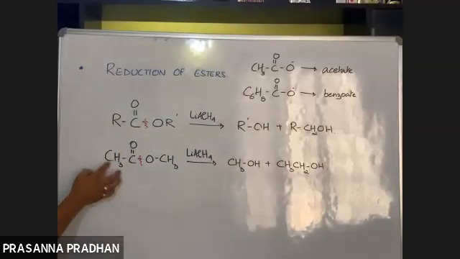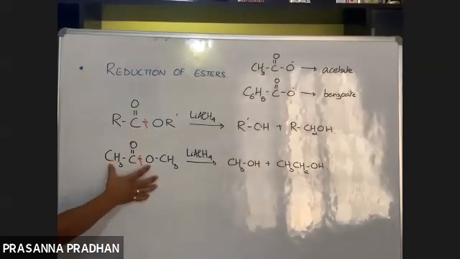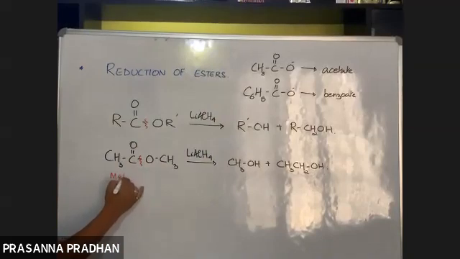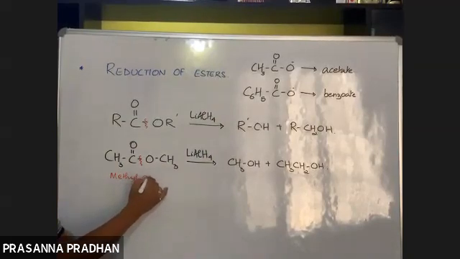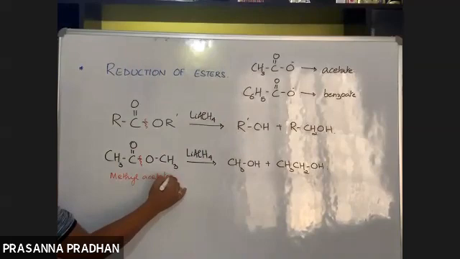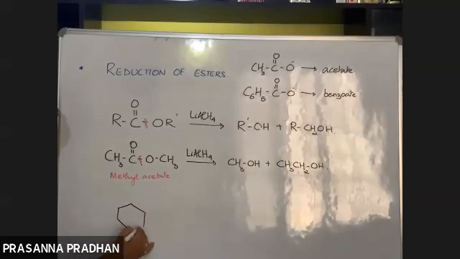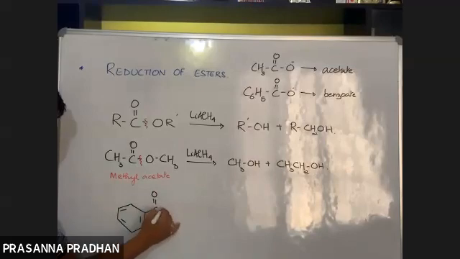So yes, we have CH3COO, which means we have acetate. Methyl is attached to the acetate group, so it's known as methyl acetate. This is how we name it. Say suppose we have C6H5COO.